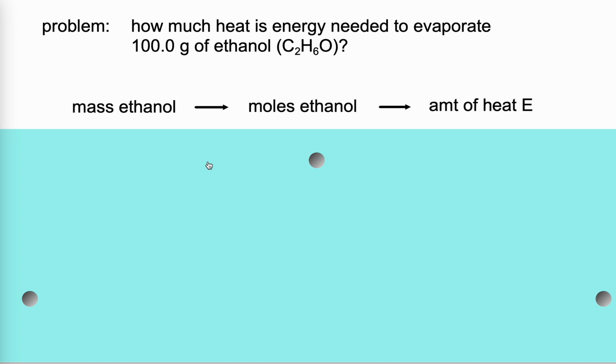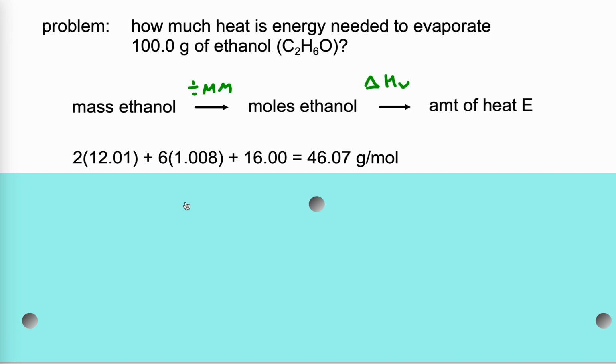The first thing we have to do is convert that to moles of ethanol, which of course we know how to do, and that would be dividing by the molar mass, and then we would use the molar enthalpy of vaporization as our conversion factor to convert from moles of ethanol to amount of heat energy.